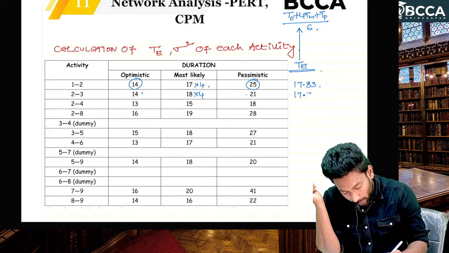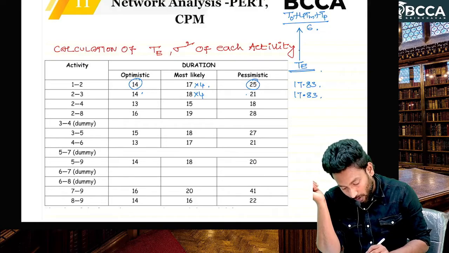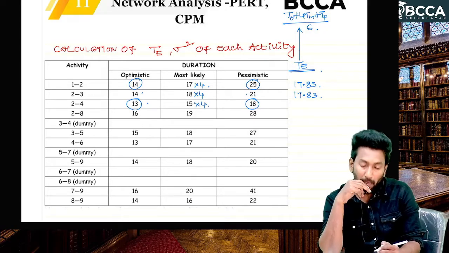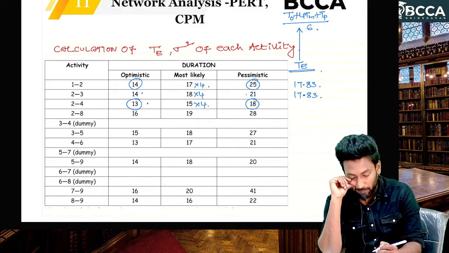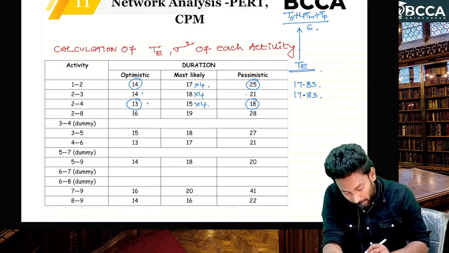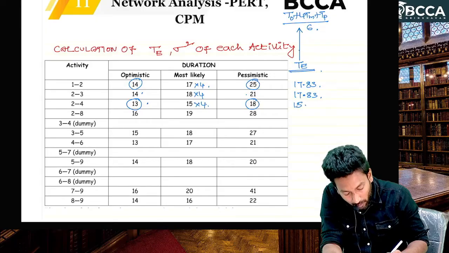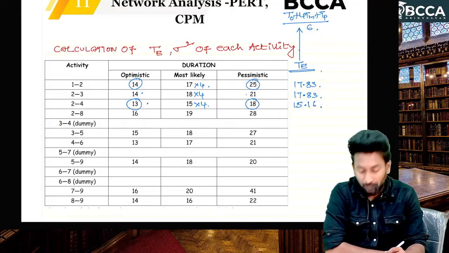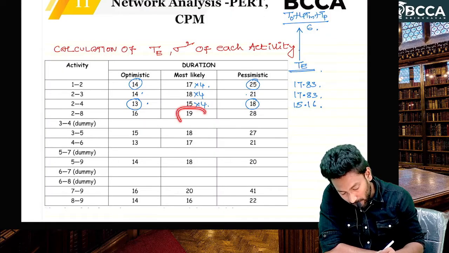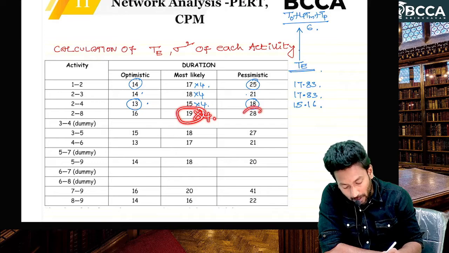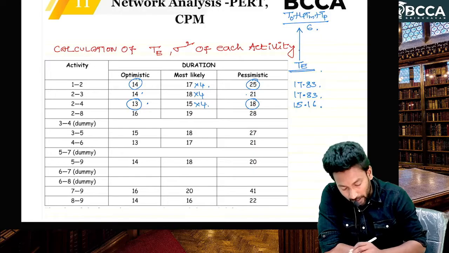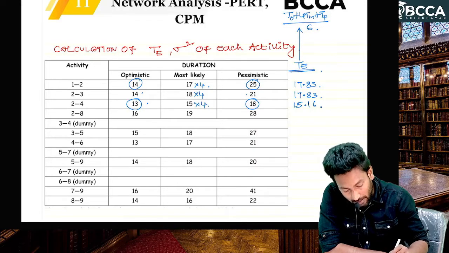For the third one, 15 into 4 plus 18 plus 13 divided by 6: 15.16. Again, calculate 19 into 4 plus 28 plus 16 divided by 6: exactly 20.